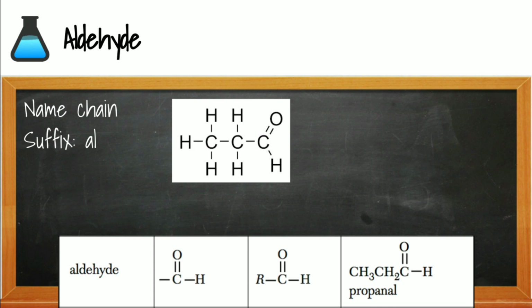So the last carbon has this double bonded O and hydrogen. That's really what we're going to be looking for, this double bonded oxygen attached to a carbon that has a hydrogen. So let's look at an example.